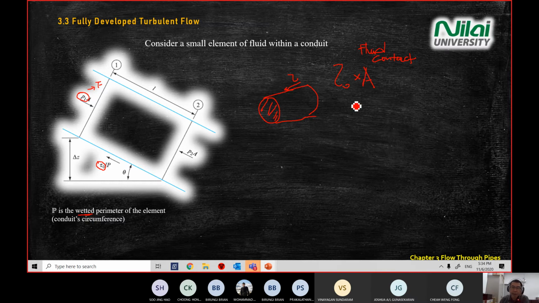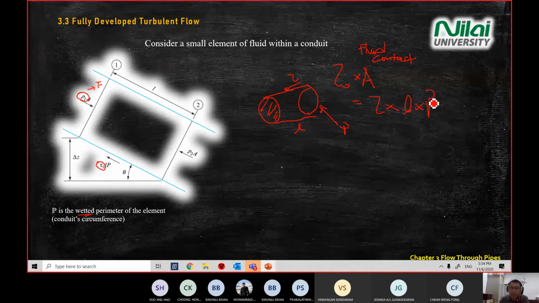How you find the area is: length times the perimeter, or circumference of the circle. All right, so shear times L times perimeter. This is perimeter.